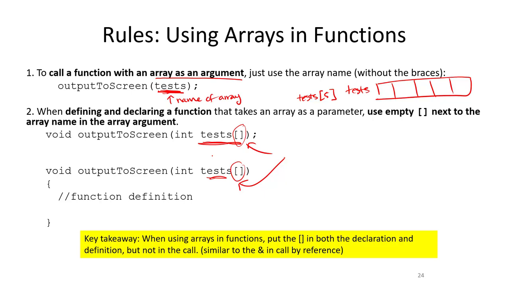It's similar to the ampersand in call by reference. So if you are declaring a function that uses arrays as an argument, make sure you put those square brackets next to the array name in both the declaration and the definition. Remember, in the function call, you do not need square brackets. You just put the name of the array.